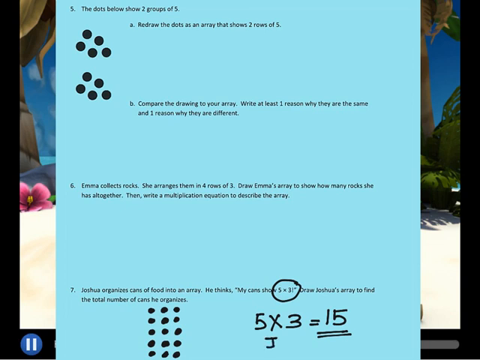We have to write like so: Joshua organizes 15 cans. So the answer that we found is 15. So that goes there. Joshua organizes 15 cans. Okay, period. So that is the answer for the 7th question.